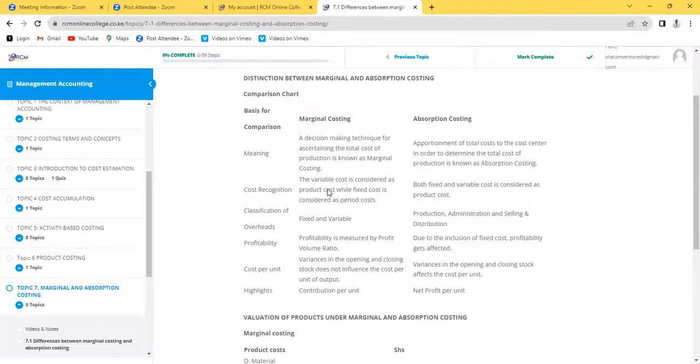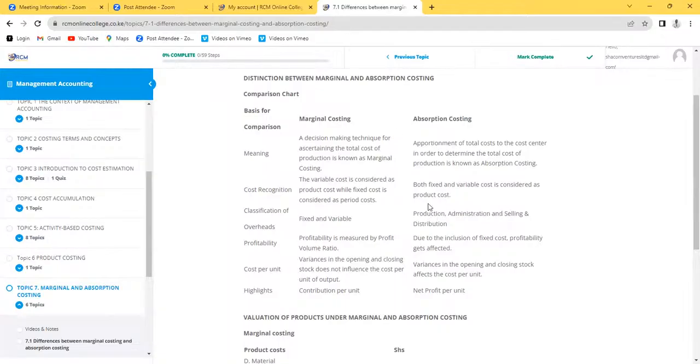But remember, it is not just any fixed cost; it is fixed production costs, fixed production overheads. On classification of overheads, we have fixed and variable, while under absorption, we have production, administration, selling, and distribution.